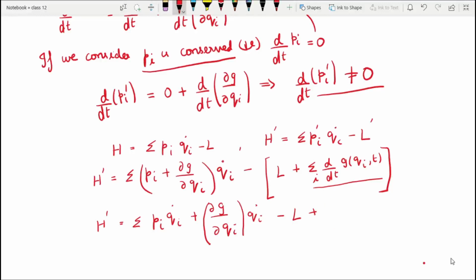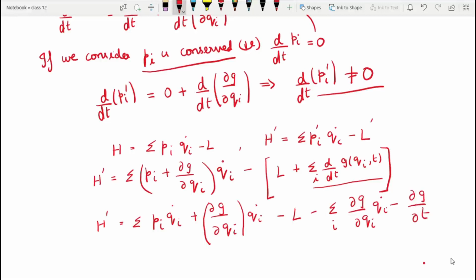So we will be getting minus summation dou g by dou qi qi dot minus dou g by dou t.